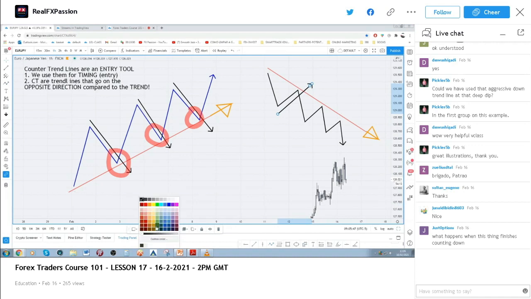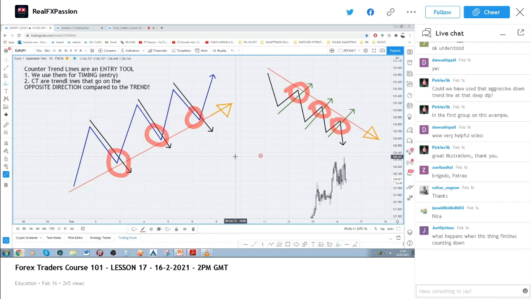So let's take green. Okay, counter trend line here, counter trend line here, counter trend line, counter trend line in here. Okay, beginner traders, nothing special, nothing so difficult, right? So here would be the entry, here would be the entry, here would be the entry, right?